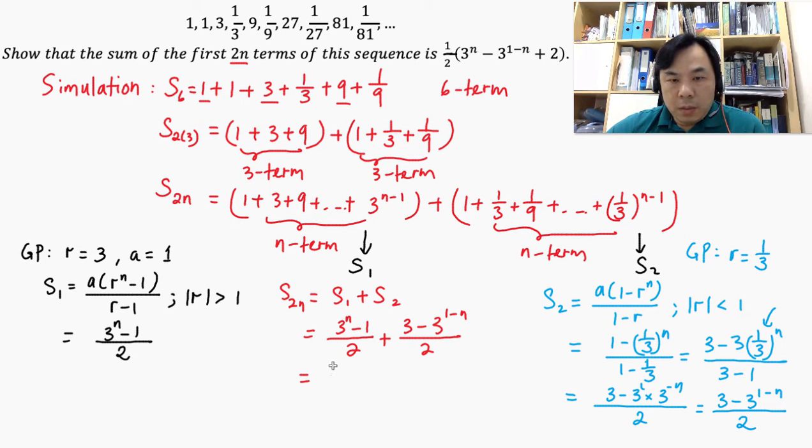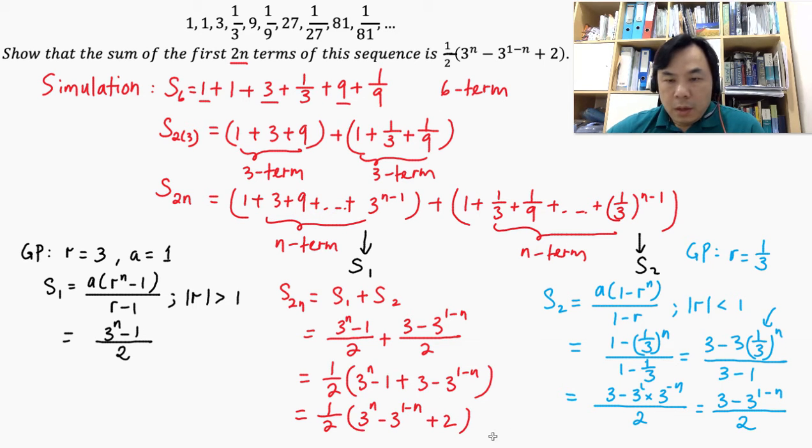And then you can see that by factorizing, I'm going to collect all these terms together, for instance, and then the number, I can leave it at the end. Therefore, it is proven that the sum of this series for the first two n terms is given by this.